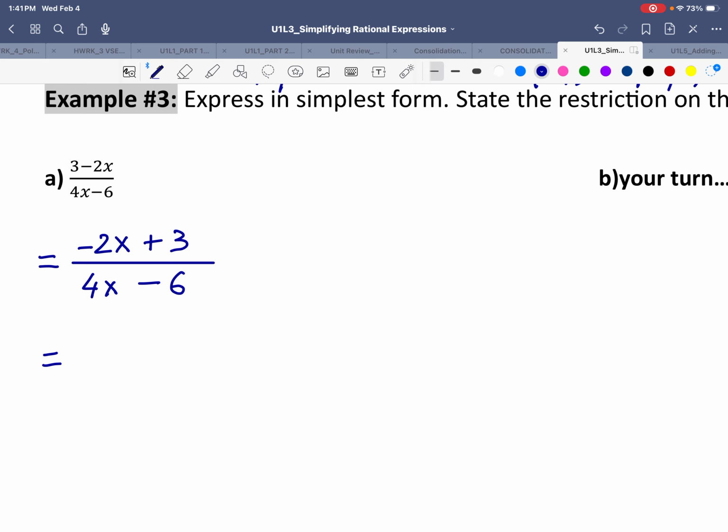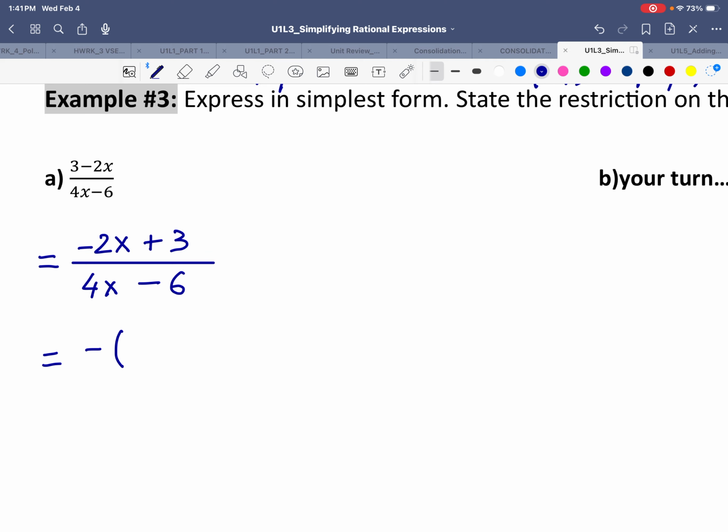So whenever an expression starts with a negative leading coefficient, that's the leading coefficient because it's the term of the highest degree, the leading term, and this is the coefficient of it, then we want to take the -1 out.